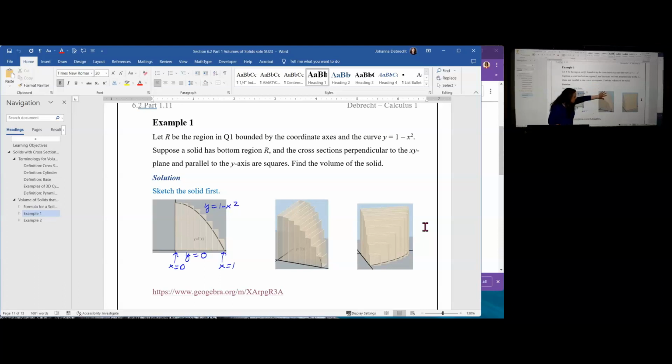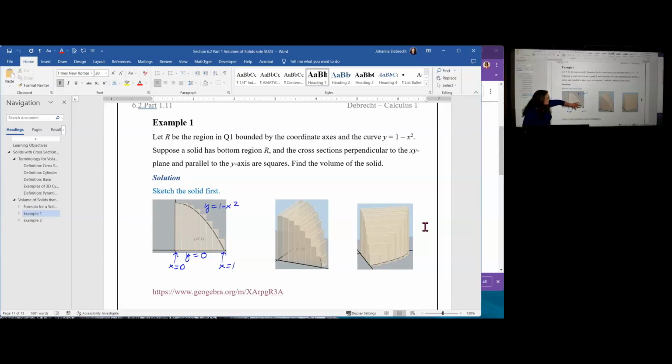You can see in the second picture, it's rotated so that you can see that all the squares are in fact the cross sections. And the volume of each slice becomes the volume of each sliced box, in other words. Because they're squares, we want to find the length of one side.